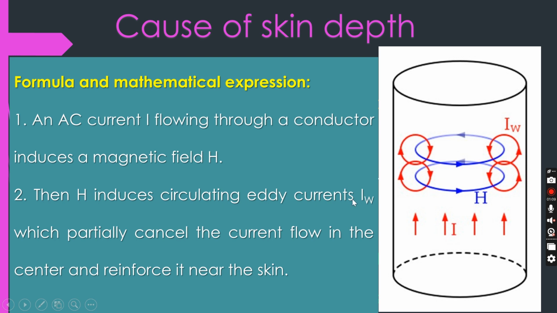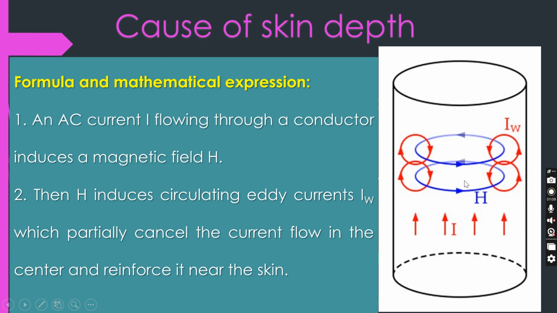Then H, that magnetic field, further induces circulating eddy currents. This is IW, which practically cancels the current flow in the center and reinforces it near the skin. So IW is usually prominent. It is maximum in the central part of the wire. So I will be practically balanced by IW in this central portion, whereas in this superficial portion, maximum I will flow.